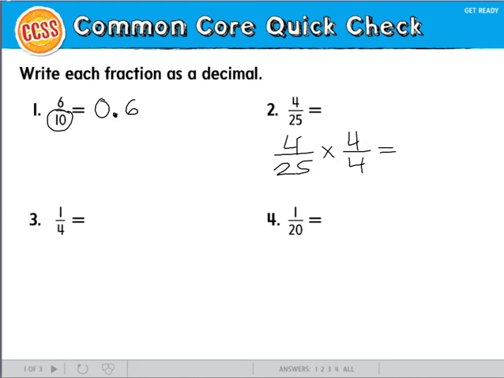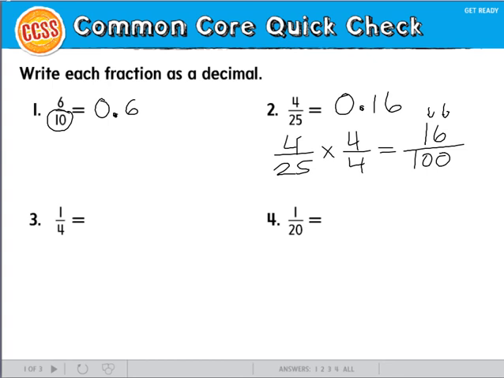And this is going to give us 25 times 4 is 100, 4 times 4 is 16. So I have 16 hundredths. Now listen, I have 2 digits. I need it to end in the hundredths place. So 0 point 16 hundredths. The 6 has to end up in the hundredths place.